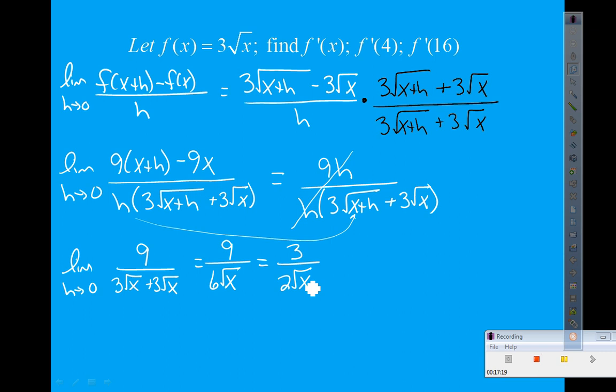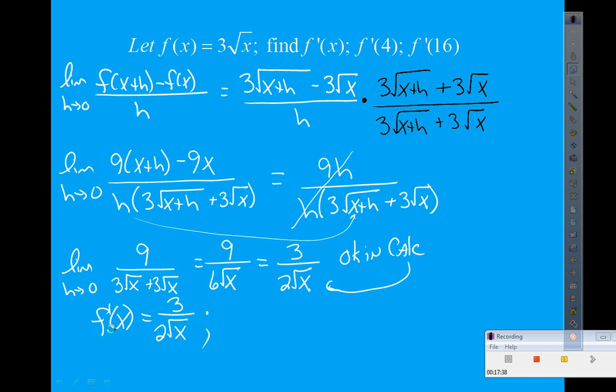Hey, some great news finally. It's okay in calc to leave that radical. That is cool. We'll see that a lot. So f prime of x is going to be 3 over 2 radical x.